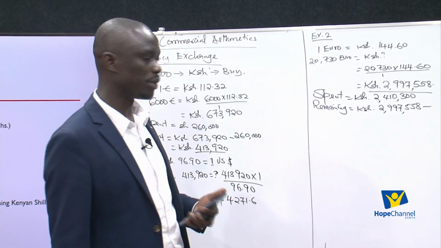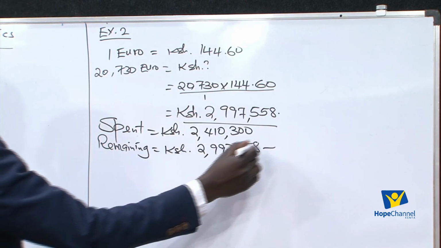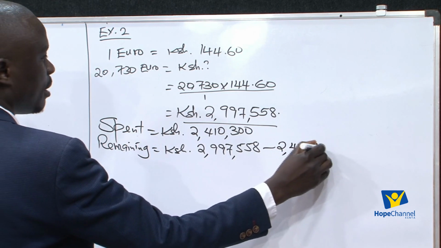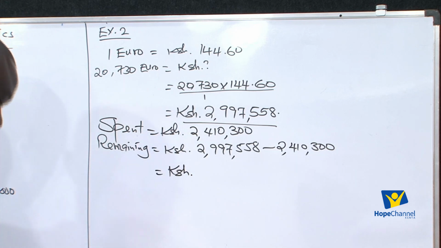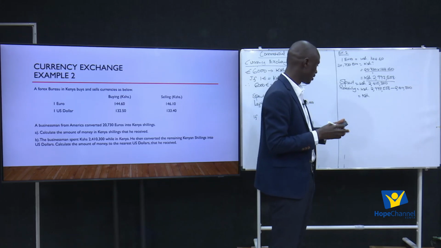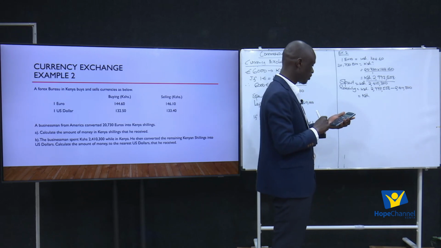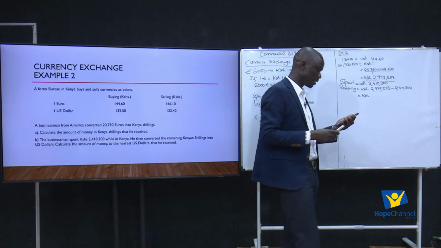From that we subtract what he has spent, 2,410,300. So how much is that?